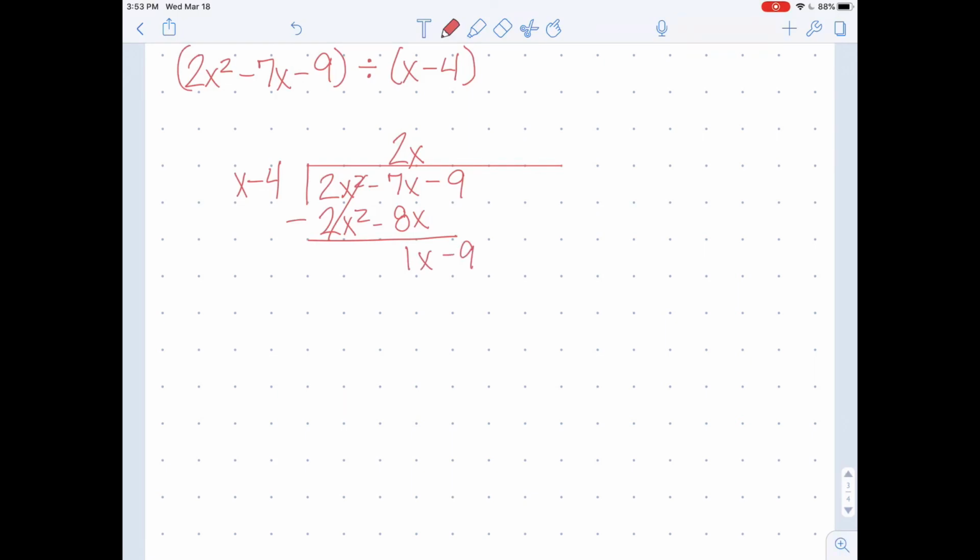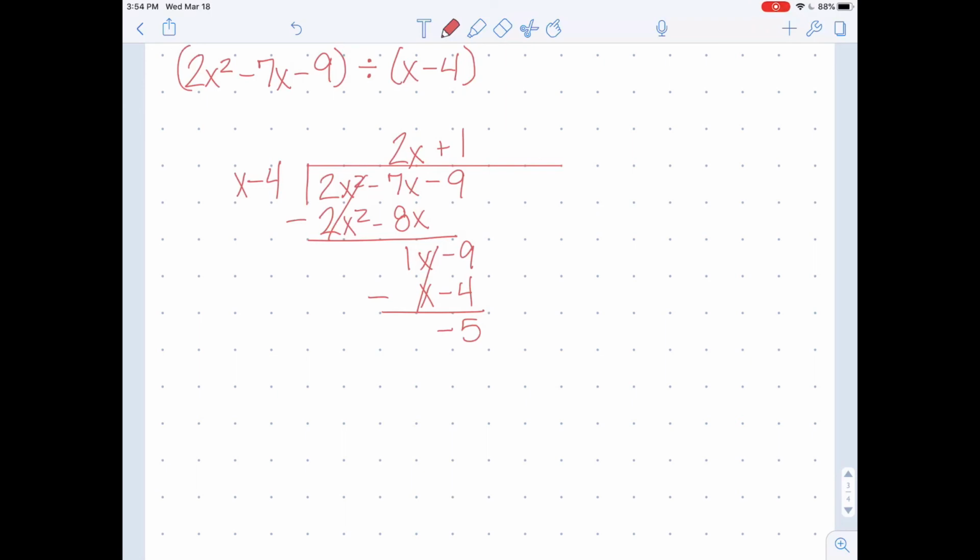To get x to be 1x, I'd have to multiply by 1, so we're really not changing anything here. x minus 4. Subtract, this first term cancels out. Negative 9 minus negative 4 would leave us with negative 5. And we're out of room. There's no other terms to keep dividing. So this is our remainder.